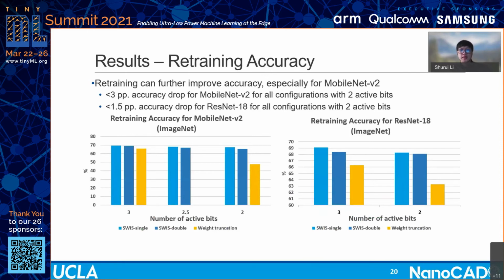For ResNet-18, 2 active bits gives less than a 1.5 percentage point accuracy drop. Even with retraining, the SWIS framework still maintains its accuracy advantage over the layer-wise weight truncation method. And the performance and power efficiency for SWIS can also be improved by retraining.